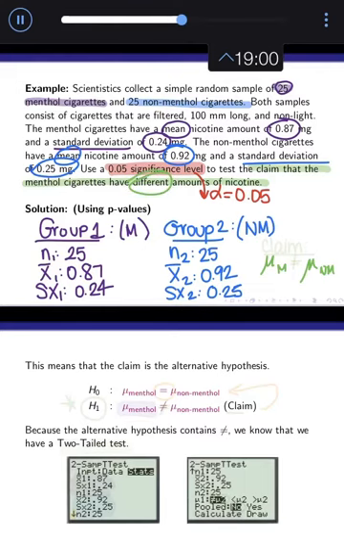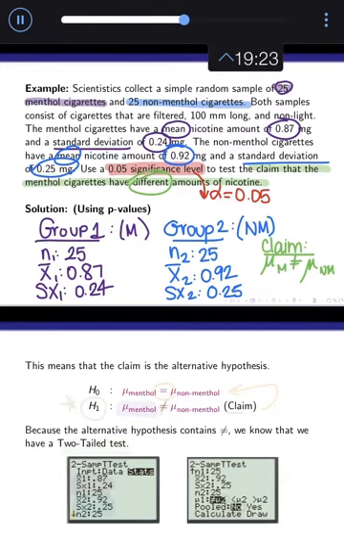What symbol do we use for saying that they're different? Well, different means that they're not the same, meaning they're not equal to. So our claim here, we haven't seen this yet, is that the two are not the same. They're not equal to. They're different. So let's take a look at what this means.